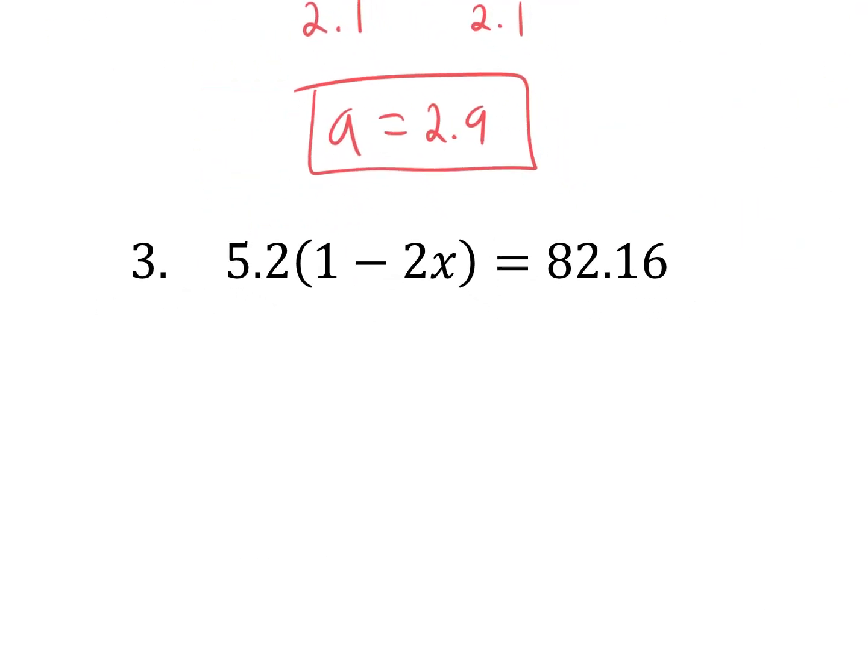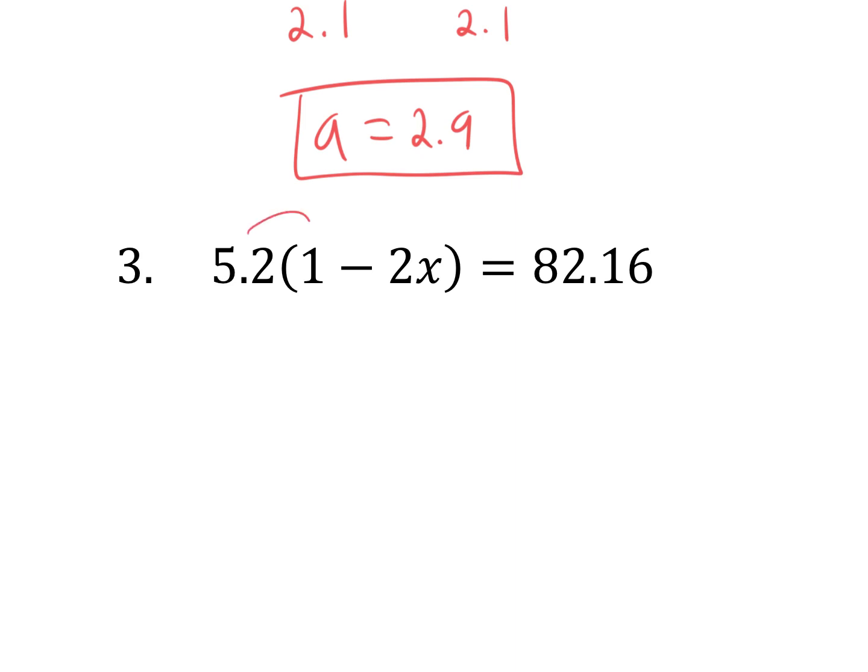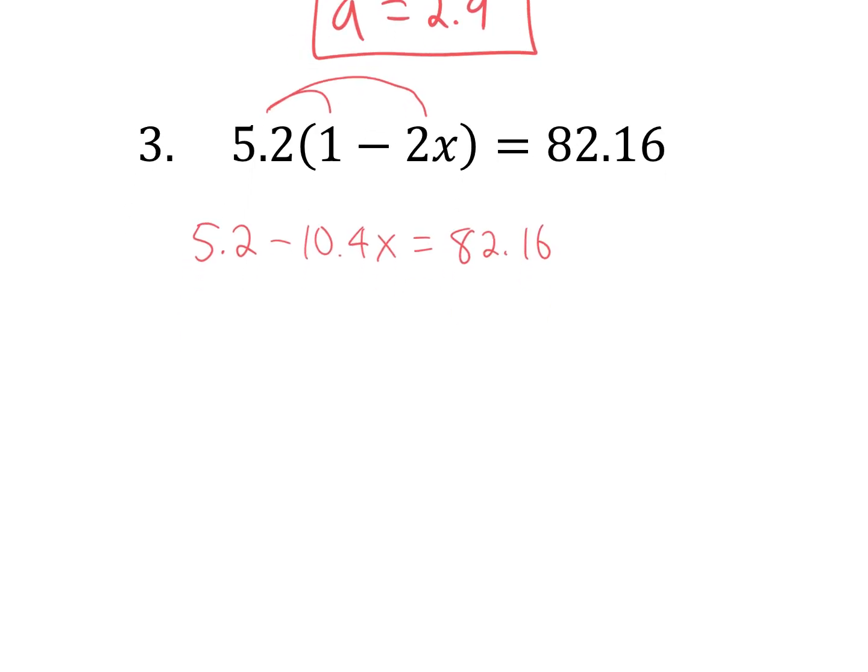All right, number 3, anything to distribute here? Yep, got 5.2 times 1 is going to be 5.2. 5.2 times negative 2x is going to be negative 10.4x. It's going to equal 82.16. We need to get the negative 10.4x by itself, so we're going to subtract 5.2 from both sides.